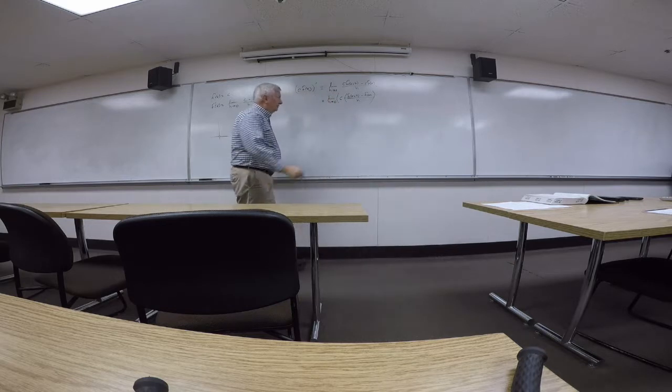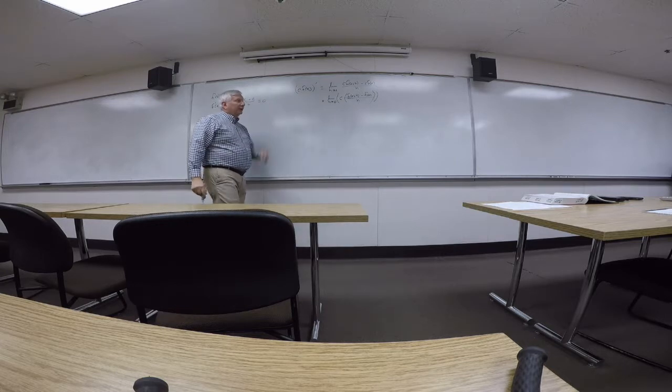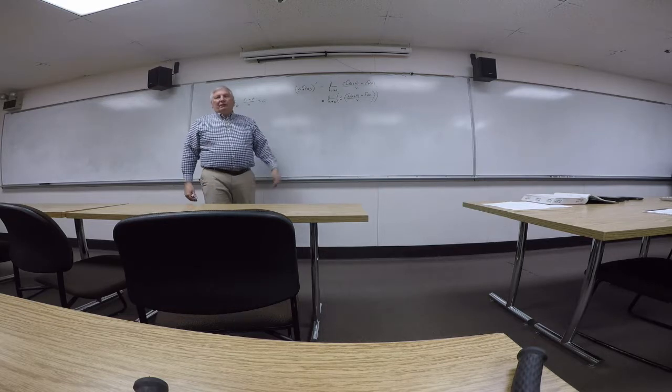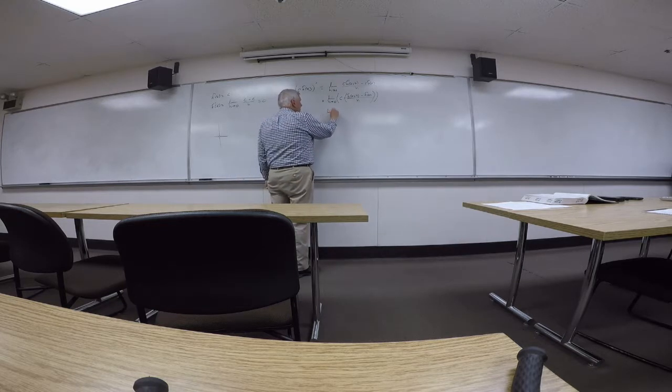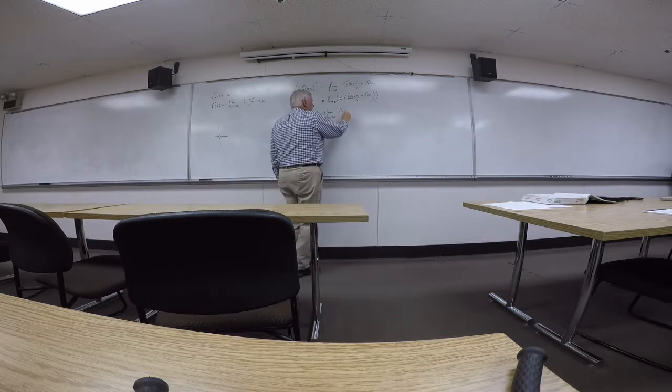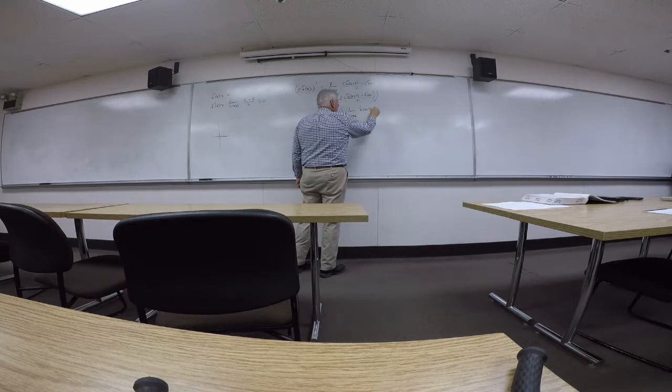So we have a product here of a constant times a function. Well, when we're looking at the rules for limits, the limit of a product is the product of the limits. So technically this is the limit as h approaches 0 of c times the limit as h approaches 0 of f of x plus h minus f of x over h.